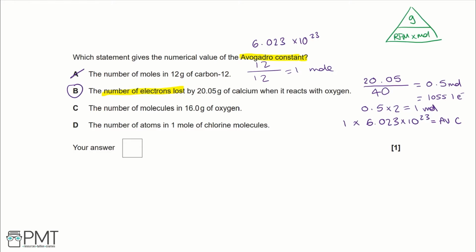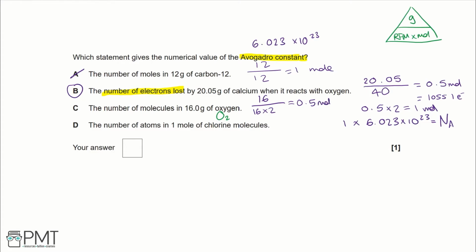So looking at C next, we're again using the equation triangle. We're going to do 16 divided by 16 times 2, because oxygen naturally occurs as O2. Dividing this by 32, we end up getting 0.5 moles.